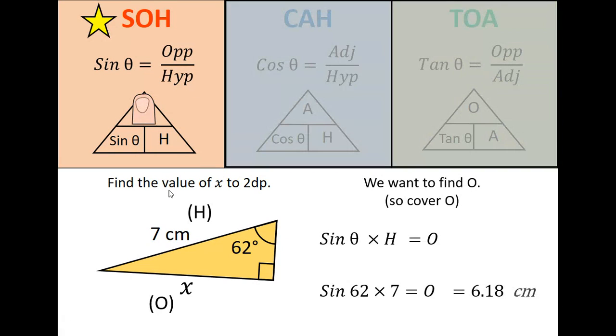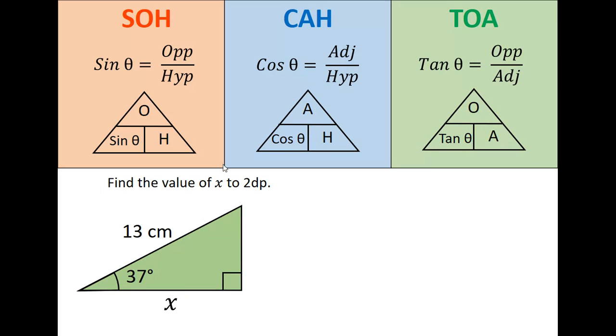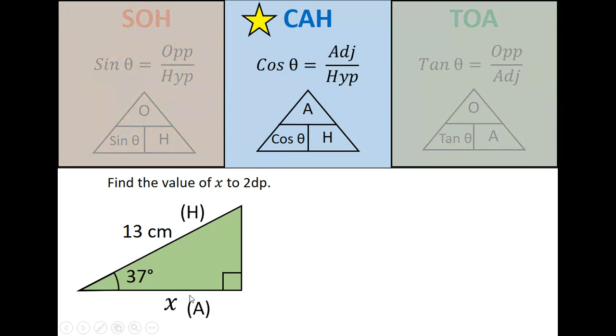You've already gone through this question. Let's check the answer for this, where we're trying to find out the missing side x. Label the sides first. I don't label the side which is not required. After labeling, I find out which ratio to use. As this involves A and H, I use cos.